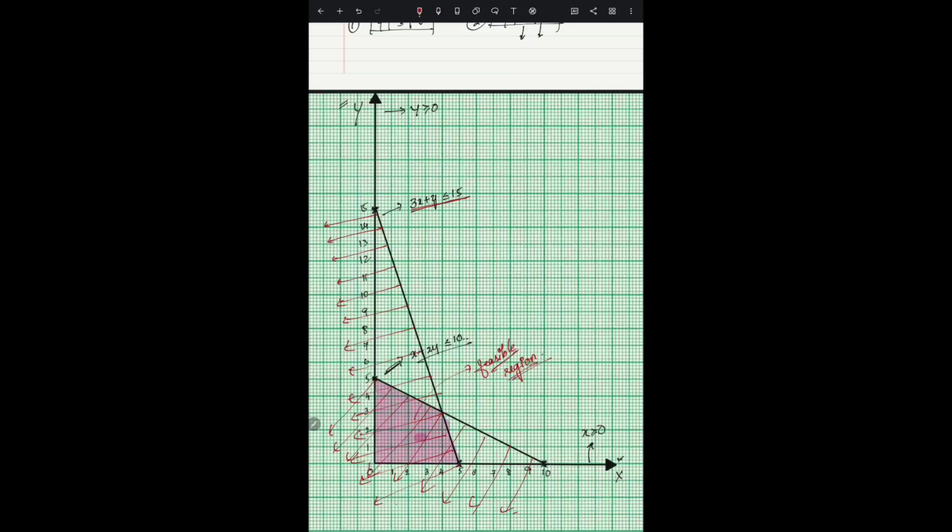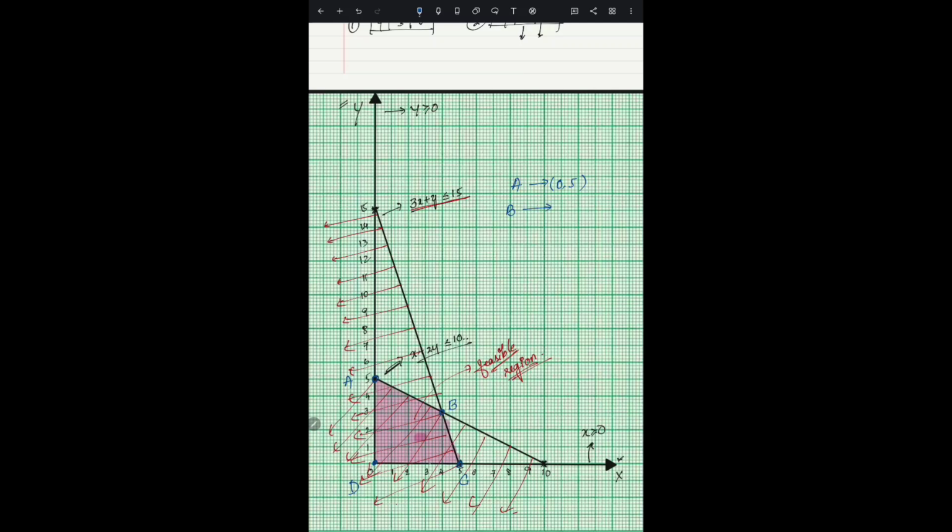We know that the maximum and minimum value, or the optimal value, always lies at a corner of this feasible region. So we will be pointing each corner point with a variable. I am taking it as A, B, C and D. In the feasible region, the A coordinate we have got is 0, 5 and we are having the B coordinate.